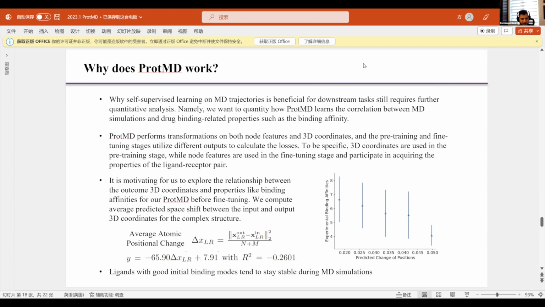How do you get the predicted change in position? Is this by running the entire MD simulation with ProtMD, or is it only for a few time steps? How many time steps do you need to have this predicted change of position?